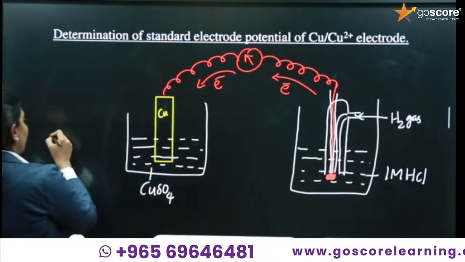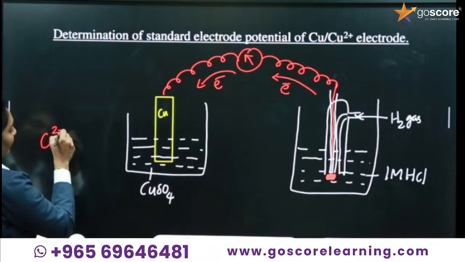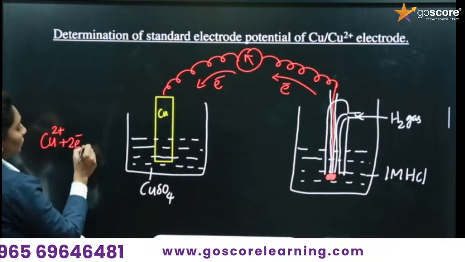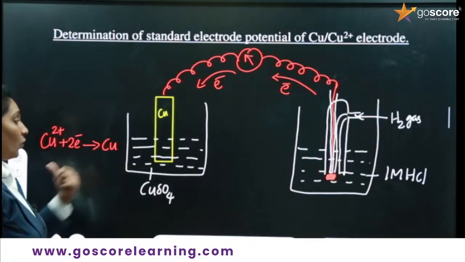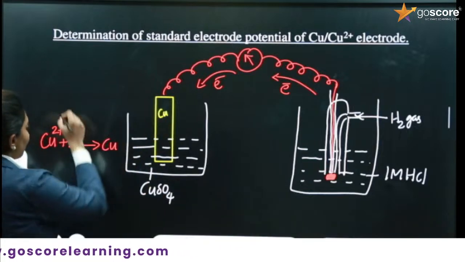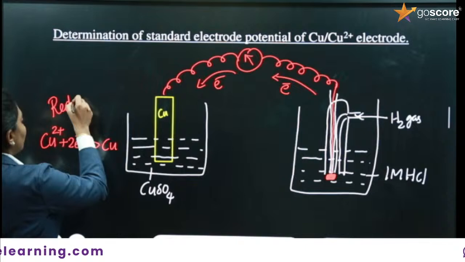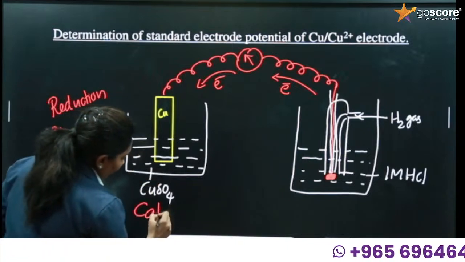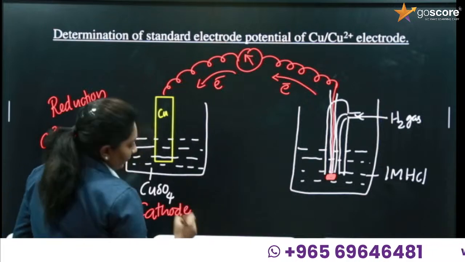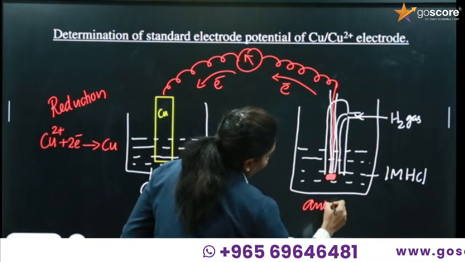So here Cu2+ ions are accepting two electrons and converting to copper. That means the copper ions are getting reduced. Reduction. That means they act as the cathode. This will act as the anode.